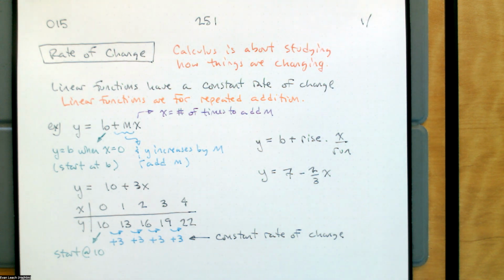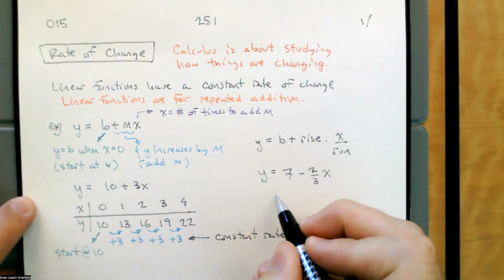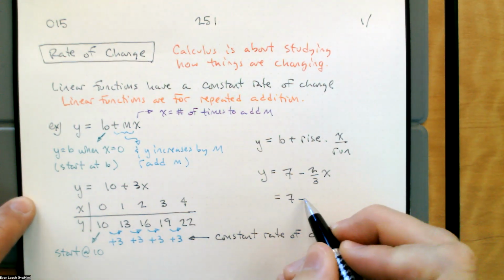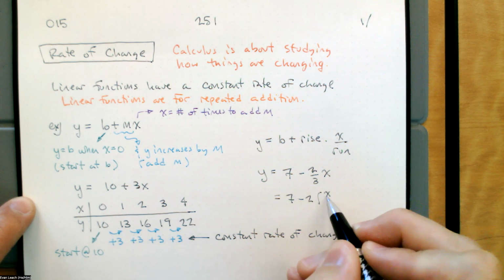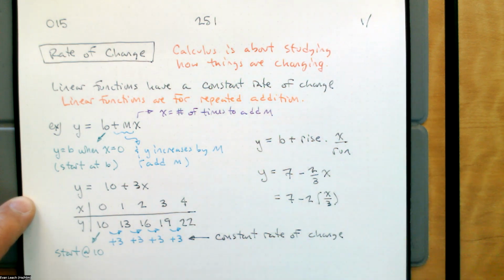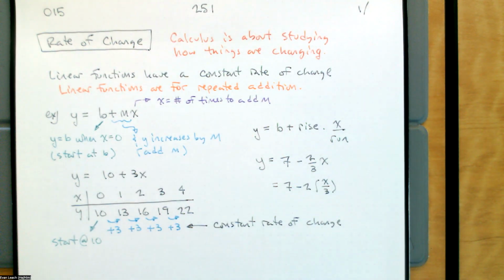But if we wanted to make a table with integers, since we have a rise of -2 and a run of 3, we could say y starts at 7 and decreases by 2 every 3 units. We could put this read on it. Because when we take x and divide it by the run, now we're just counting the number of times we're going to subtract 2.